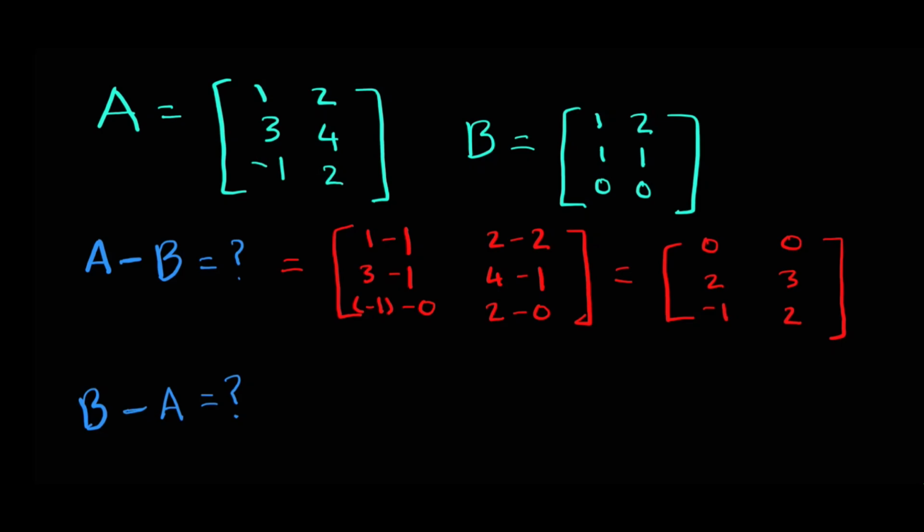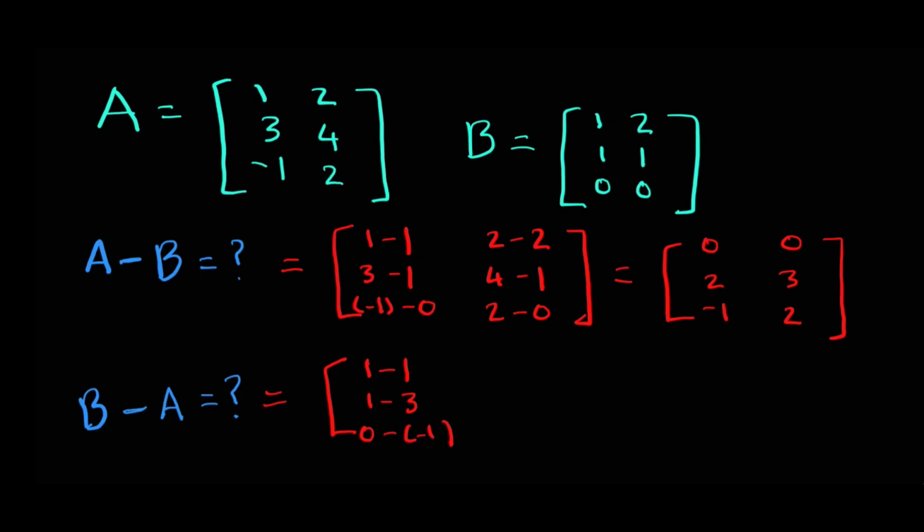Now what about B minus A? Well, it's going to be the same thing, just in the reverse order. We're going to be subtracting the elements in A from the elements in B. So in the first column, we have 1 minus 1, 1 minus 3, and 0 minus -1.